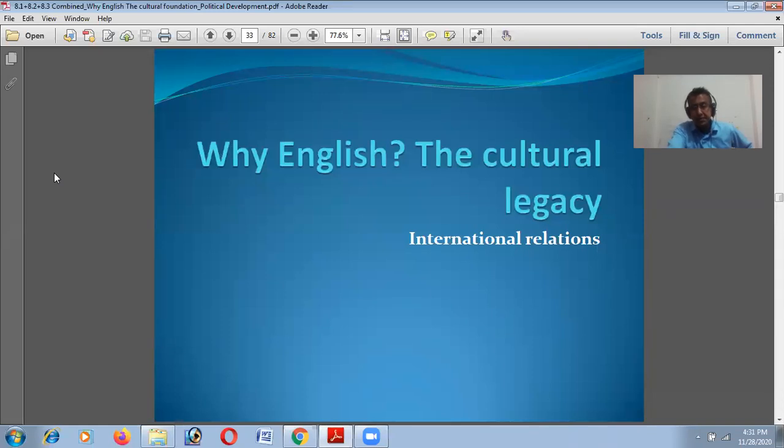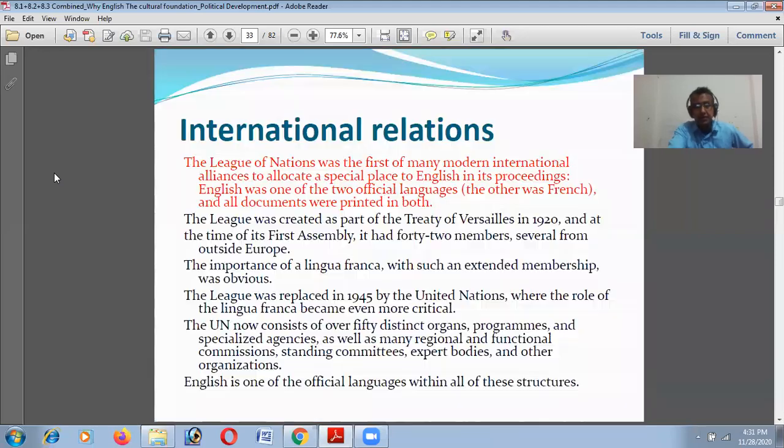In this regard, for the cause of international relations, we see that the League of Nations announced English language as the chief language of its proceedings. English was one of the two official languages, the other was French.